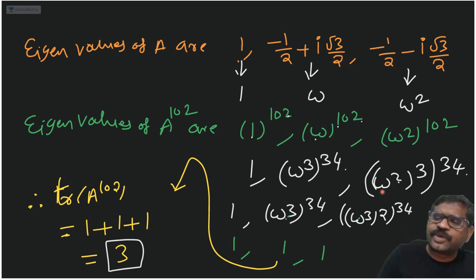Omega square whole cube and omega cube whole square are both equal. Omega cube is 1, so 1 square is 1, and 1 square whole power 34 is 1.